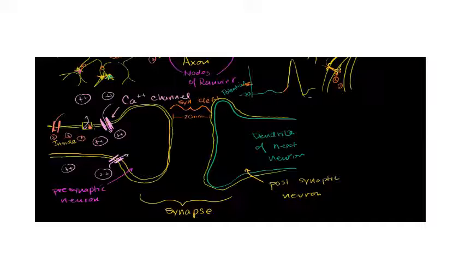On the presynaptic neuron near the terminal end, you have these vesicles. Remember what vesicles were? These are just membrane-bound things inside of the cell. They also have their phospholipid layers, the little membranes. You can kind of view them as containers.